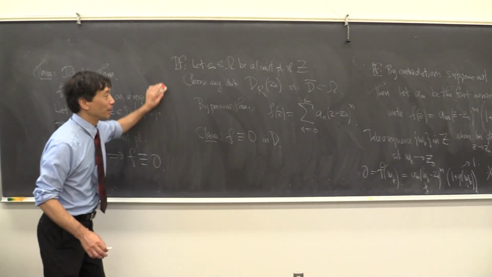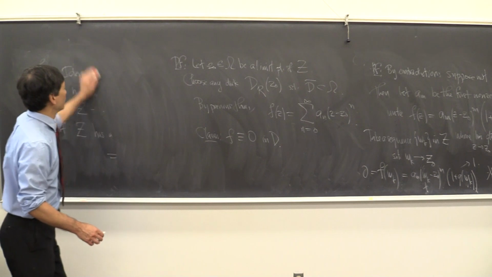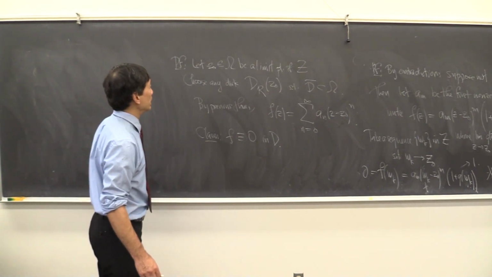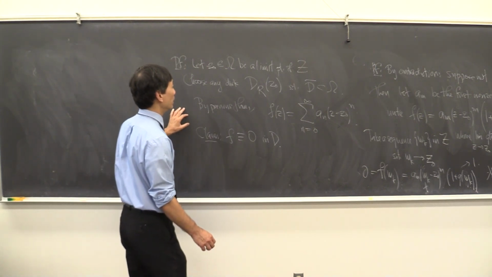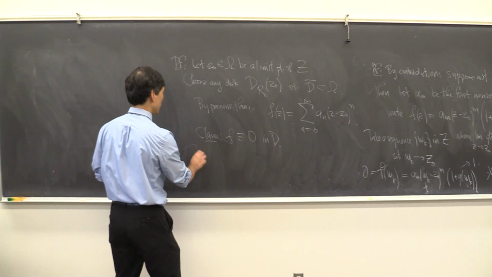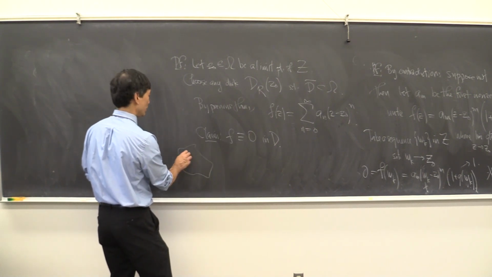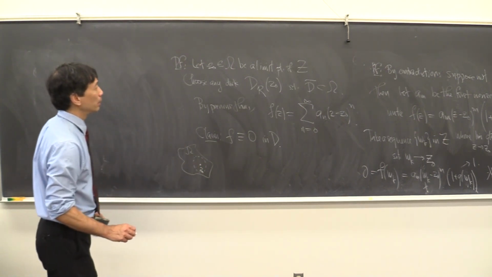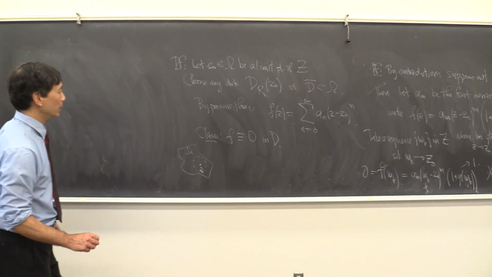So what does that give you? That gives you that whenever you have your omega, you've got your point z naught, and you can take any disk around it, and you get 0.